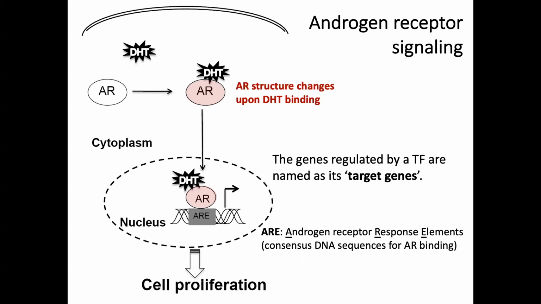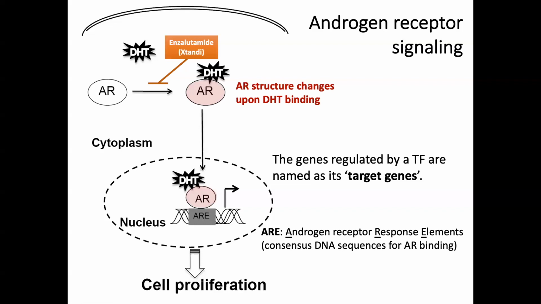In prostate cancer, AR signaling is essential for prostate cancer cells to grow or proliferate. Therefore, scientists developed ways to inhibit this signaling pathway. There is a compound named enzalutamide that binds to AR and inactivates AR transcription factor function, leading to cancer cell death.